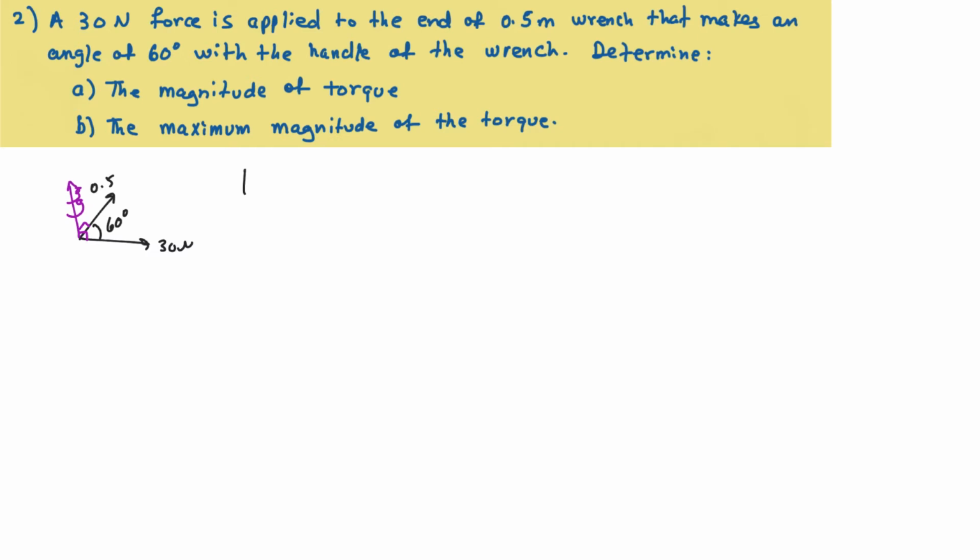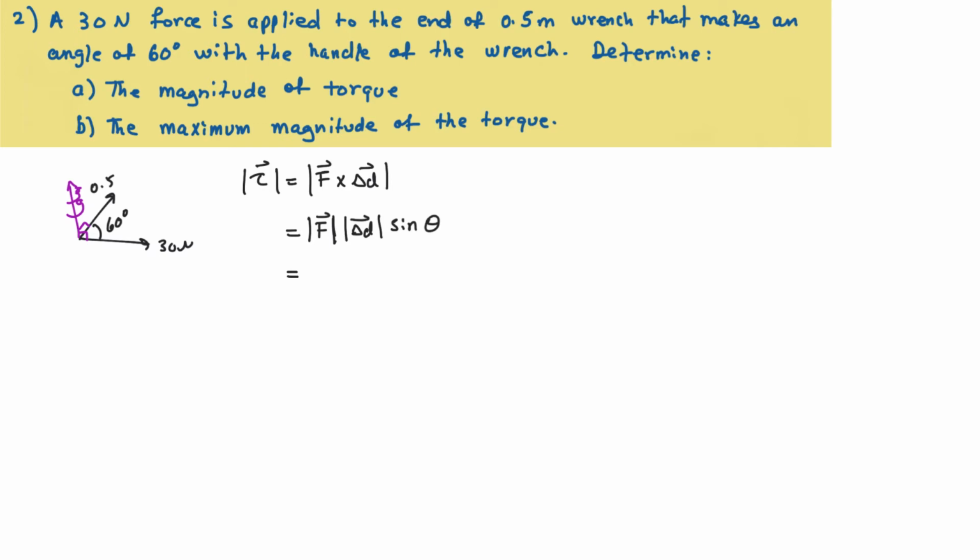We are only asked for the magnitude of the torque, which is the magnitude of the cross product of force and displacement. This becomes the magnitude of the force vector multiplied by the magnitude of the displacement vector multiplied by the sine of the angle between them.